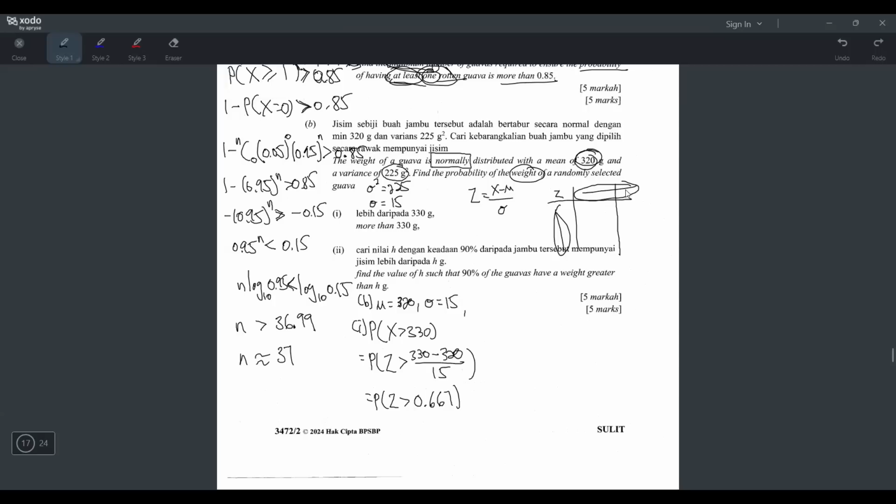For the z value, this part is for the first decimal place, this part is for the second decimal place, and this part is for the third decimal place. It means if you want to look up from the outside, you can only look up the z value until 3 decimal places only. That's why you write 3 decimal places.